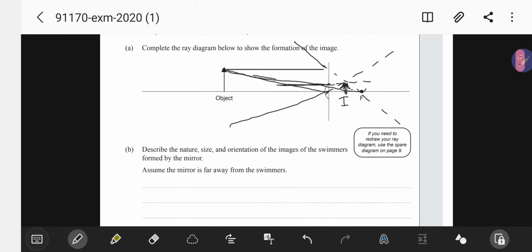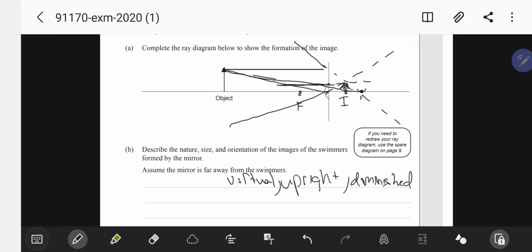Determine the nature, size, and orientation of the images of the swimmers formed by the mirror. Assume the mirror is far away from the swimmers, so what they mean by that is that the object is outside of the focal length. So it's going to be virtual, upright, and diminished.